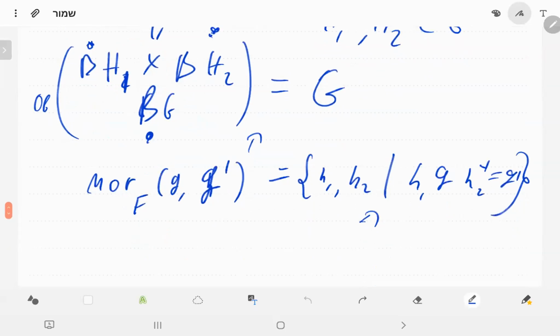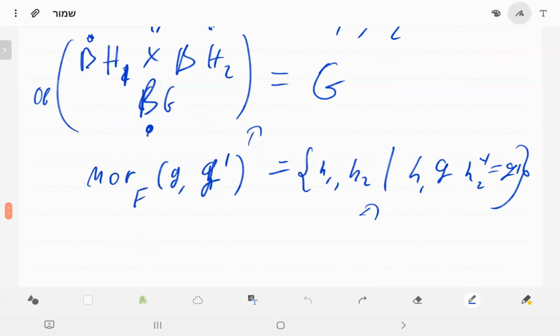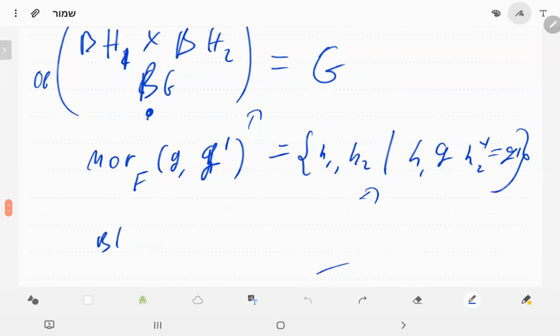So of course you see that this is a groupoid. It's not BG, but it's equivalent. So BH1 times BH2 over BG is equivalent to a coproduct over all its isomorphism classes, and in each isomorphism class you take the automorphism group. But this is a quotient groupoid, so we know what the isomorphism classes are. Isomorphism classes are just double cosets.